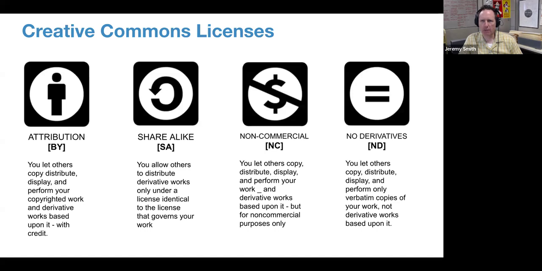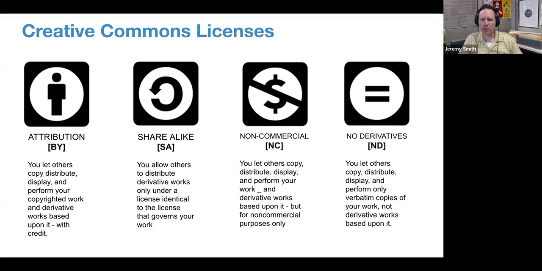And there are essentially 4 Creative Commons licenses that can be combined in different ways. So you can have 1 or 2 or all 4. And I think there's a total of 6 combinations that you can do. So attribution is the most open one. I'm happy to let people use this as long as they give me credit.